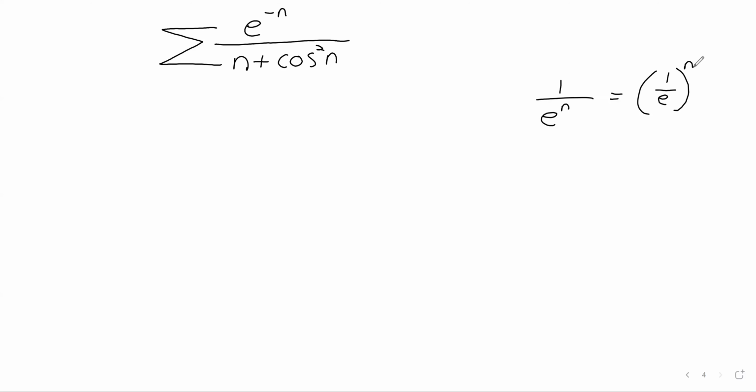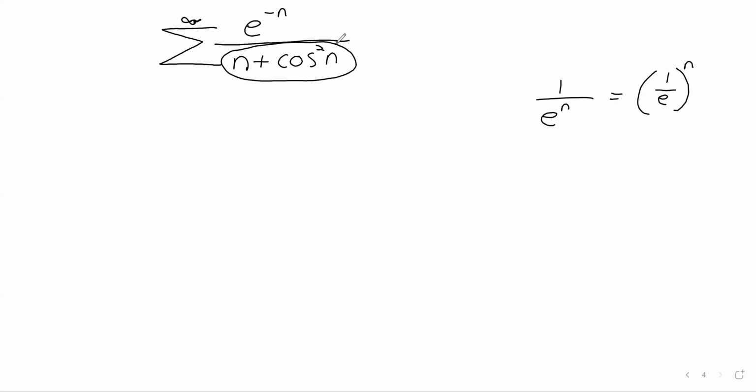And then you're taking something that's already trying to converge, and you're making it even smaller. You're taking something that's already converging and dividing it by some very big number. Remember that the cosine squared is stuck between 0 and 1.